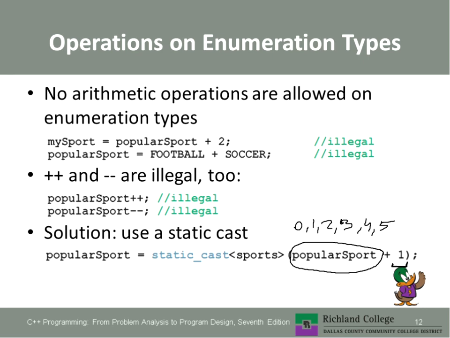Because it's an integer, we can use the plus operator, because we know how to add. Let's say if the popular sport is 3, we know how to add 3 plus 1 together. But that's going to be an integer. We don't want the integer. What we want is to cast it to the data type sports. So you do the arithmetic operation, and then at the last step, you cast it to sports, which is the actual data type for that integral value. So that's how we go around the operator limitation.